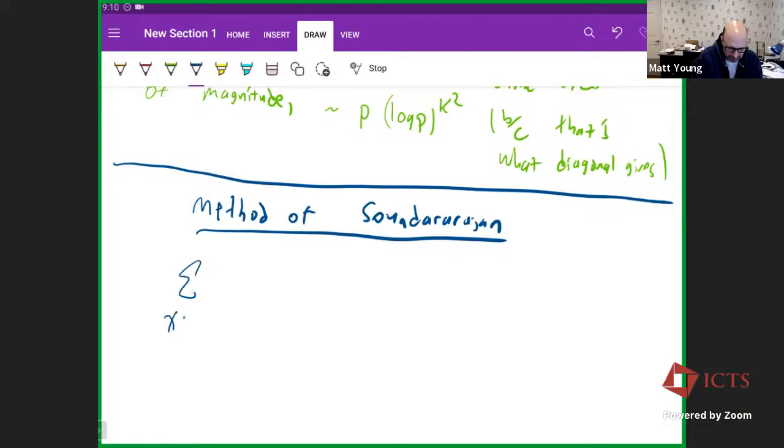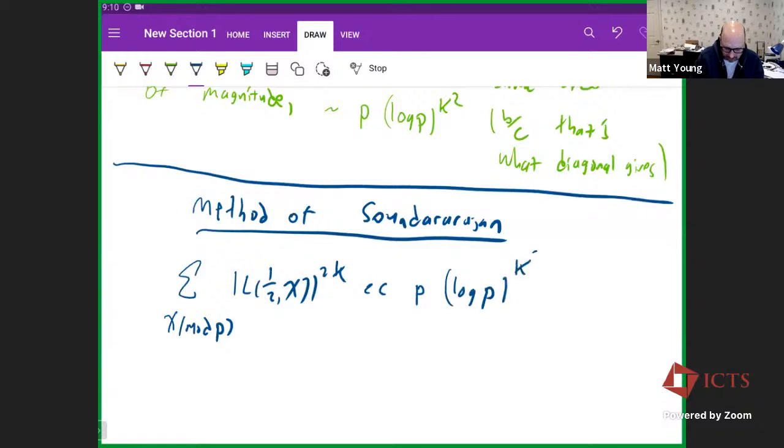So if you sum over chi mod p, L of a half chi to the 2kth moment, he proved that this is bounded by p times log of p to the k squared plus epsilon, assuming RH, or GRH.